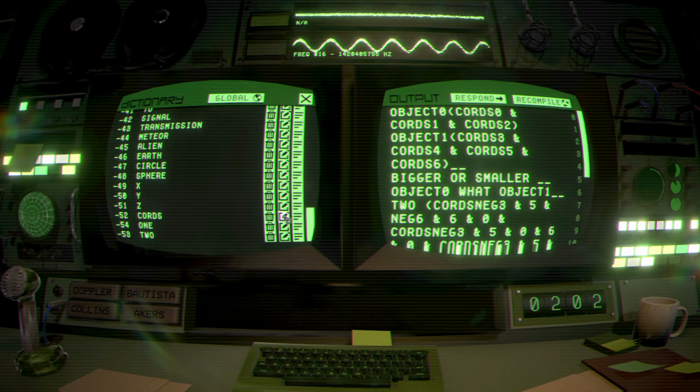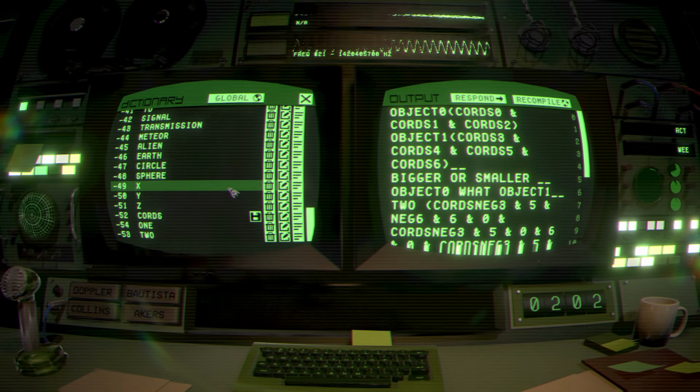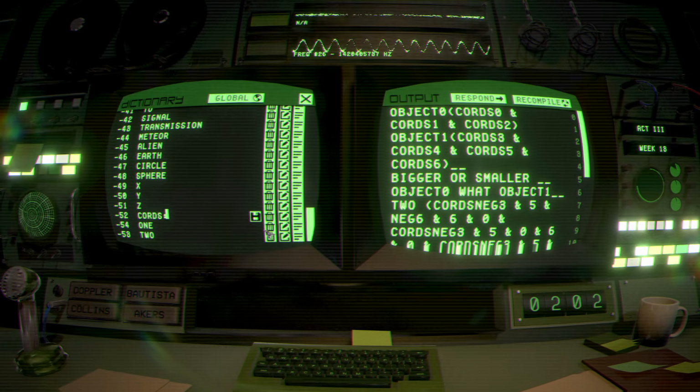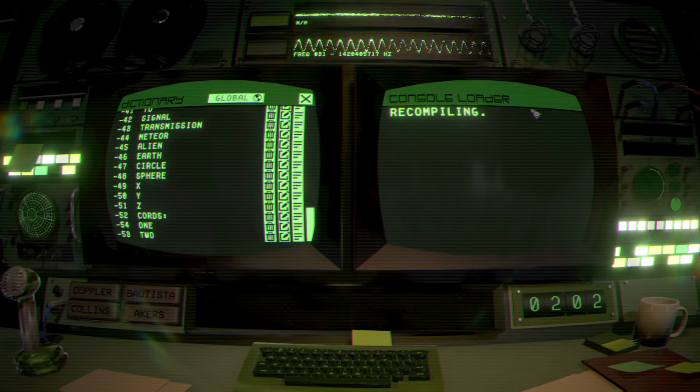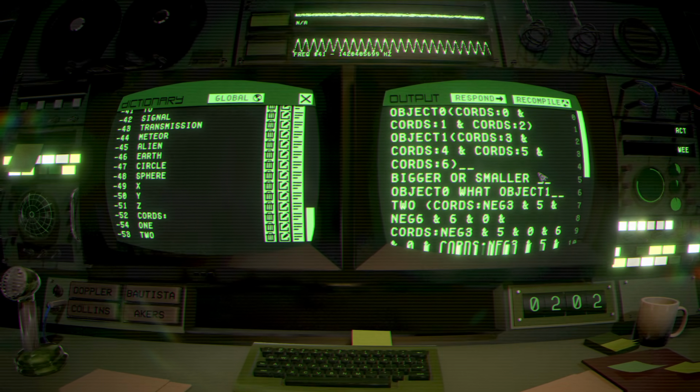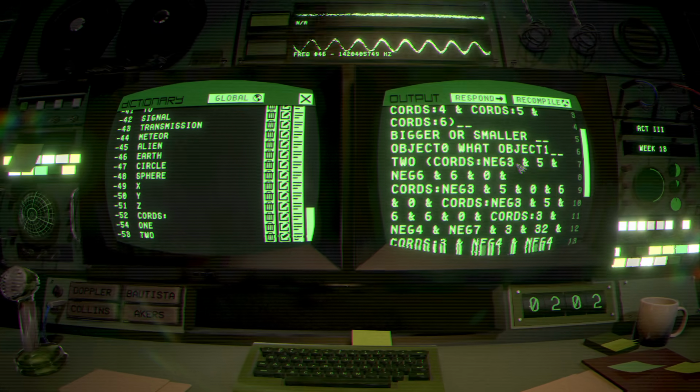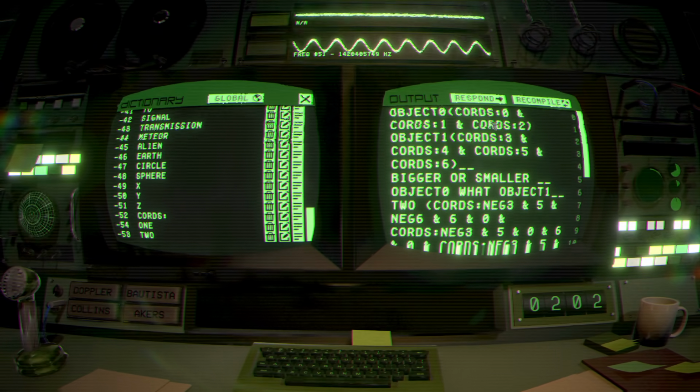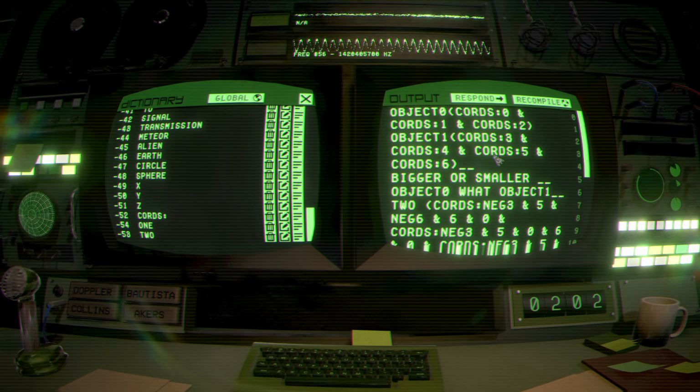Let me look. Can I set a, might be a funny one, a colon? I can't. Give that a shot. What's that look like? That kind of works. 0, 1, 2, 3, 4, 5, and 6.